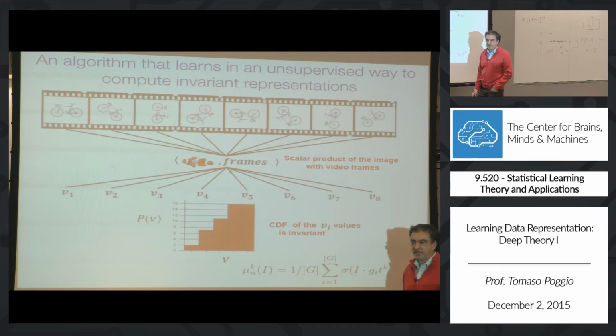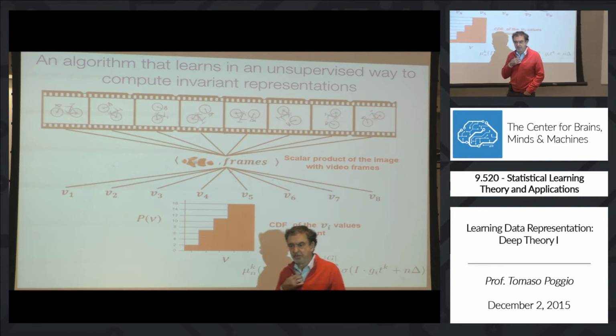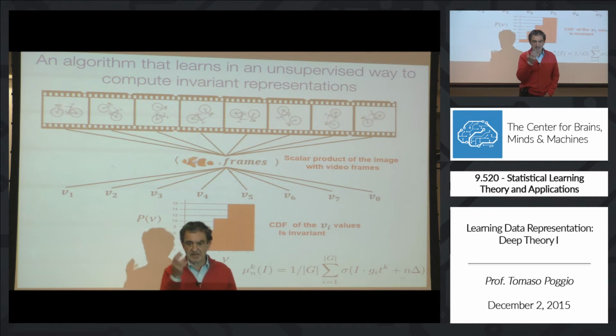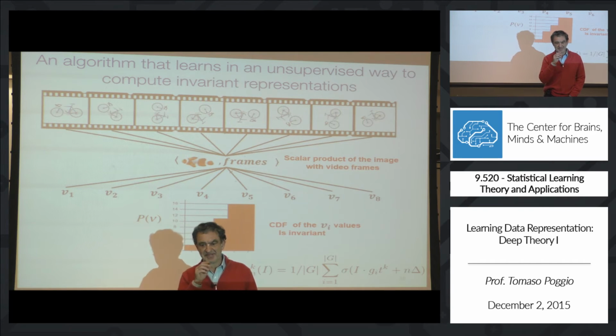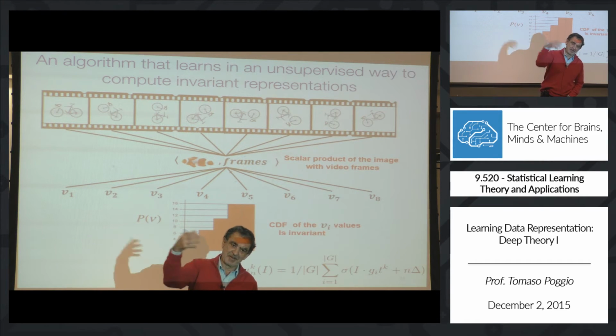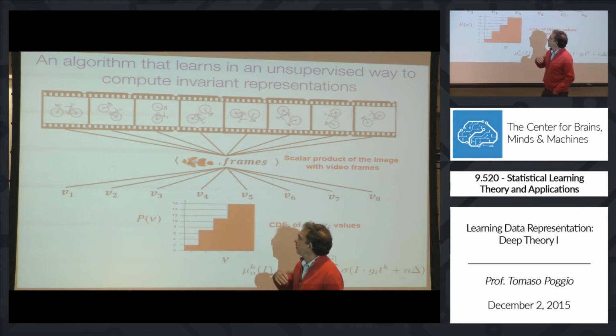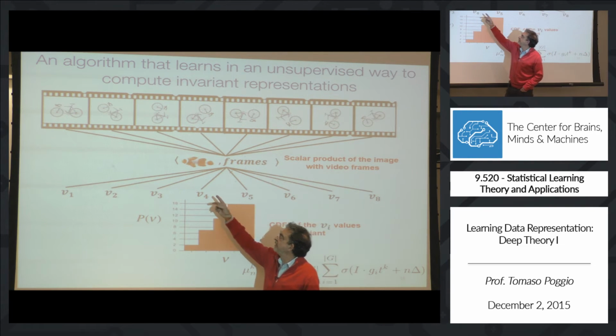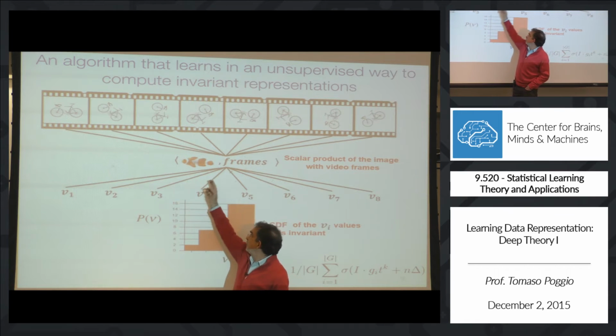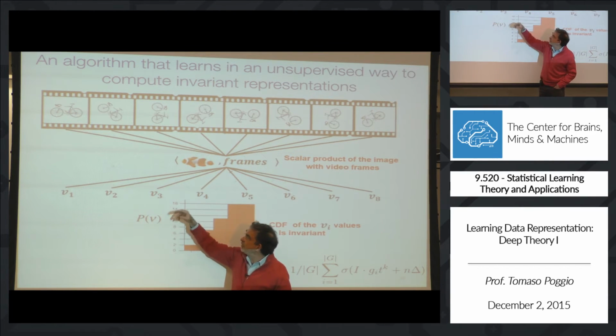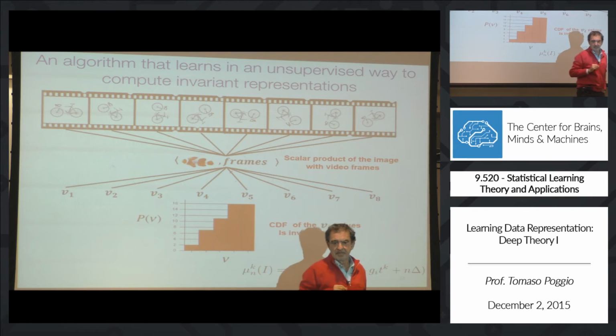And when now you want to compute a representation of my face invariant to rotation, that will not change next time you see my face rotated, what you need to do is simply to take dot products of the new image, my face or the fish, with each one of the frames.